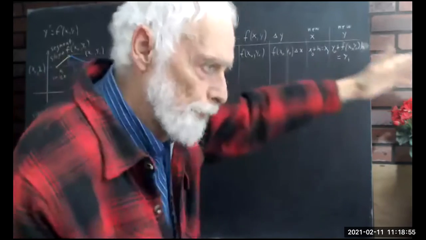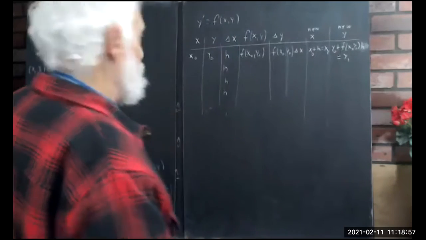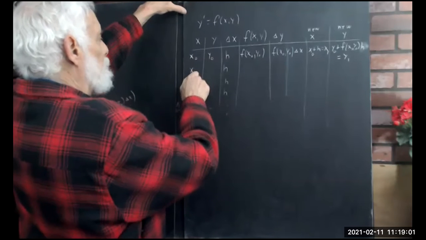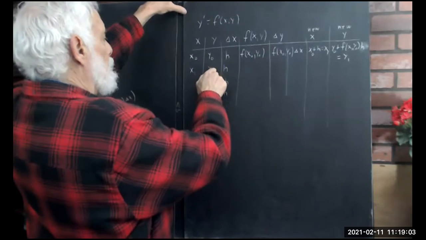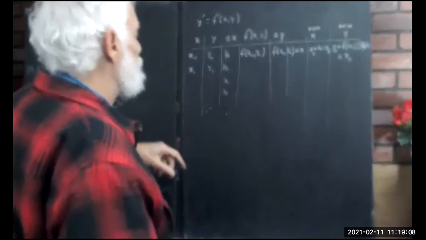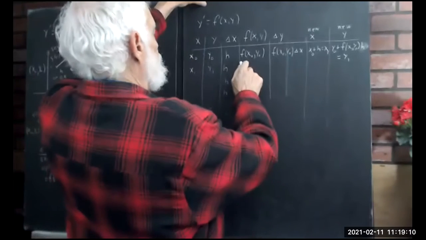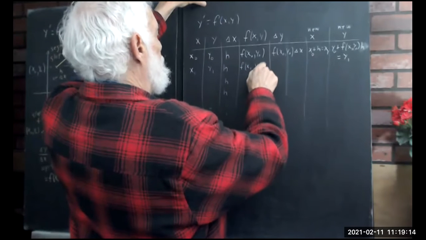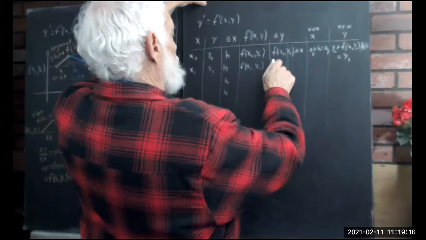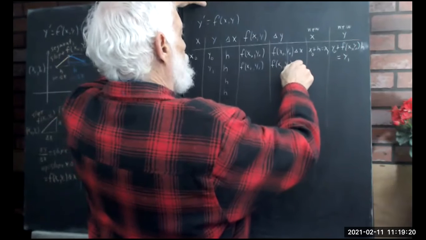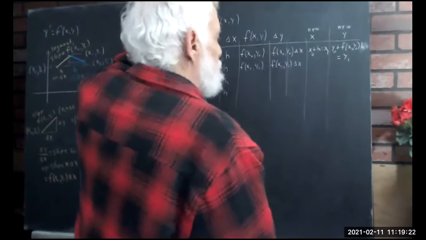Okay, there's our calculation. So now x becomes x1, y becomes y1, and this becomes f of x1, y1. This becomes f of x1, y1 times delta x.